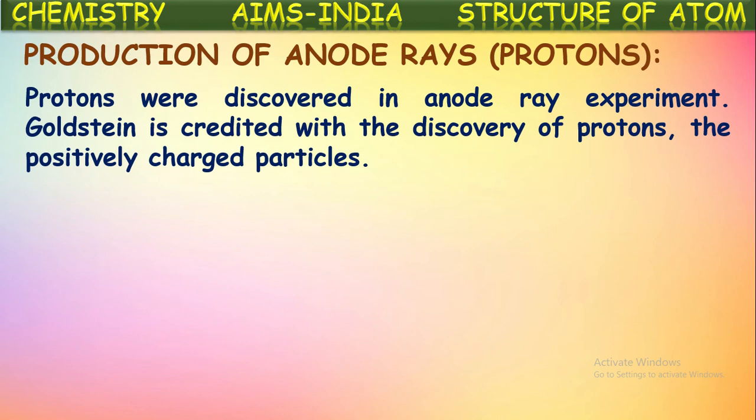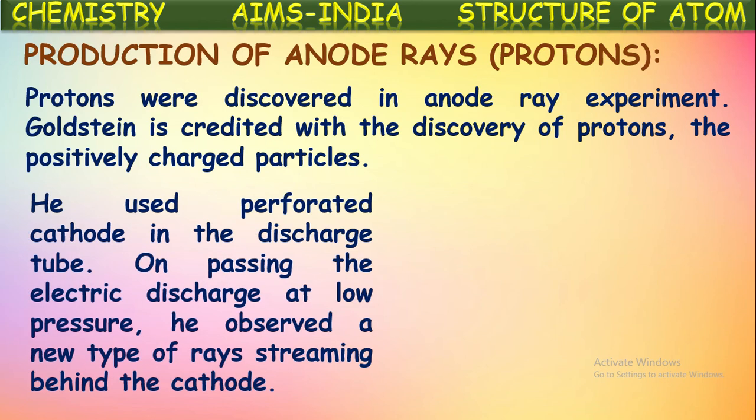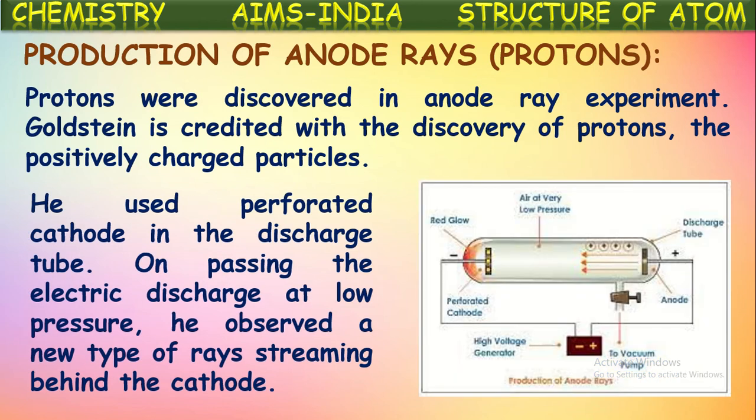Now let us see the production of these anode rays or protons. Protons were discovered in the anode ray experiment. Goldstein is credited with the discovery of protons, the positively charged particles. He used a perforated cathode in the discharge tube. The experiment was similar to the one done by J. J. Thomson, but Goldstein used a perforated cathode instead of a plain cathode plate, and kept a screen behind the cathode.